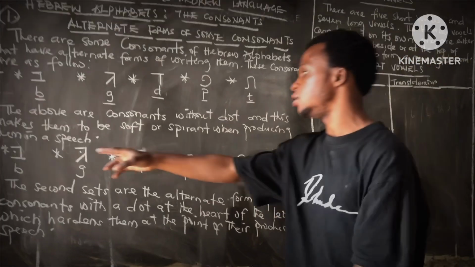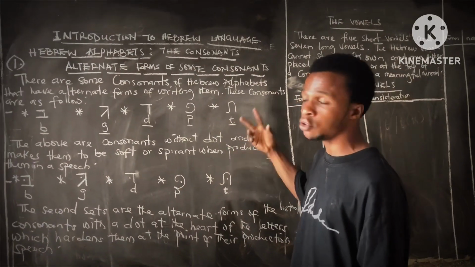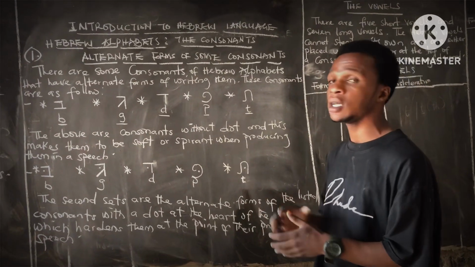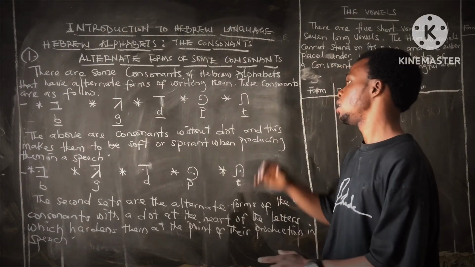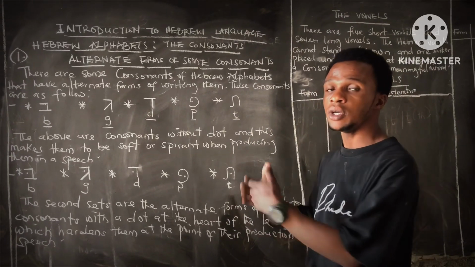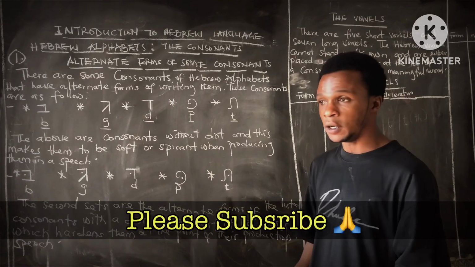You can see the dot at the heart of this letter. So you can write them in these two forms. Don't forget that the way you produce them will be different, depending on the way you write them.